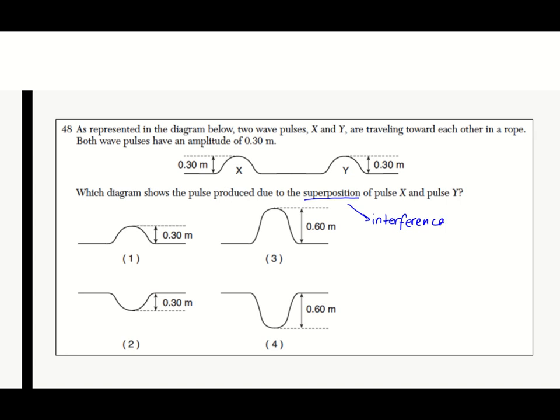Because it's crest and crest together, this is going to be constructive, which means they add up. So 0.3 plus 0.3 together will make an even bigger wave, bigger amplitude, and that's 0.6 meters high, choice 3.